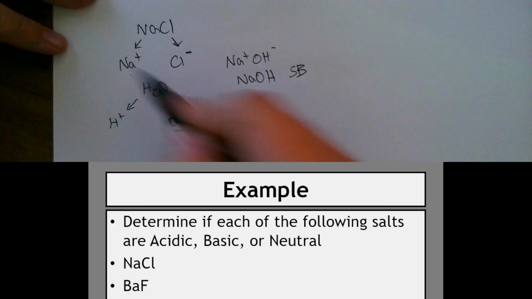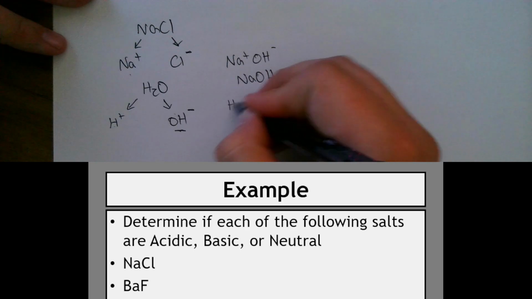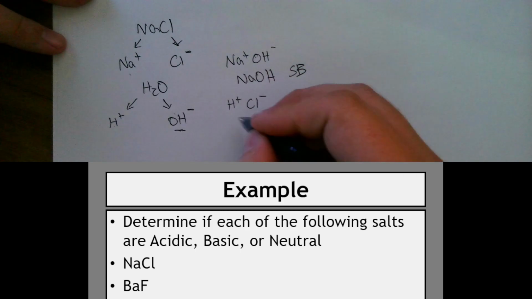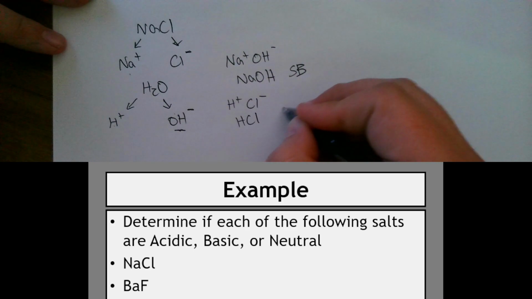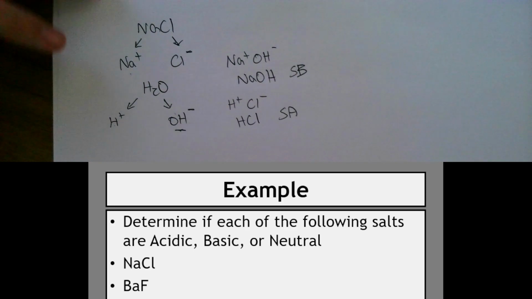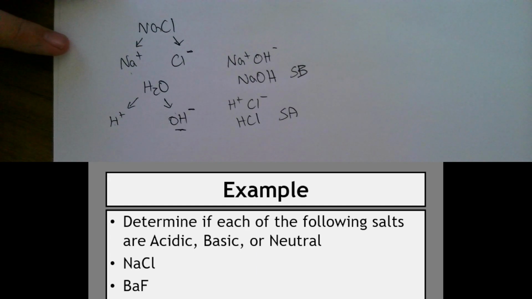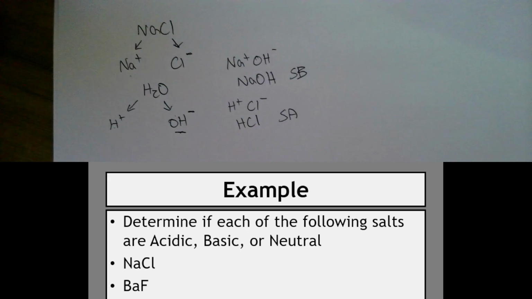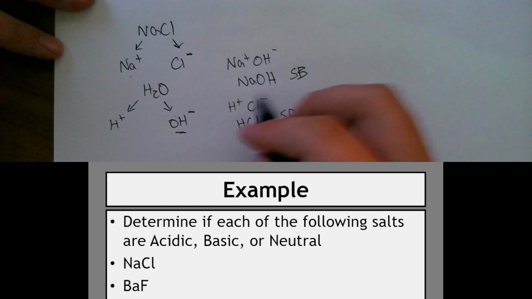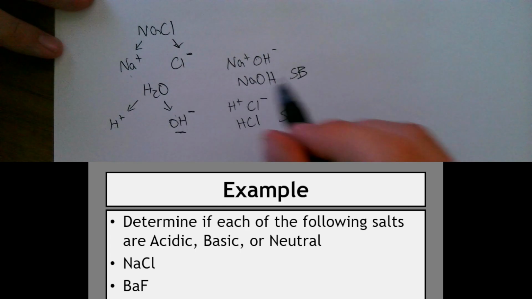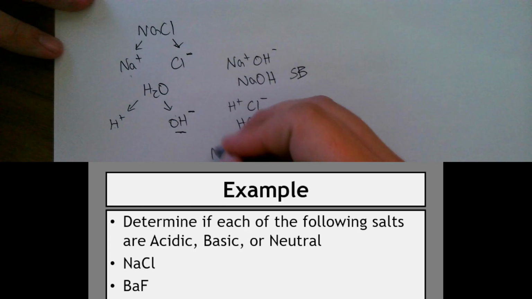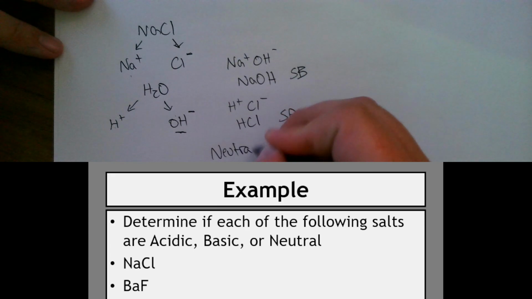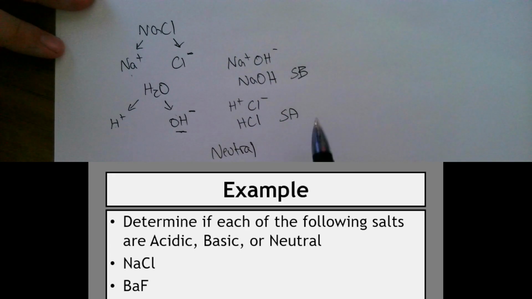H+ and Cl- make hydrochloric acid, which is a strong acid. Because of that, neither of these are weak, so neither of these are actually going to react with water. This is a neutral salt because I have a strong acid and a strong base.